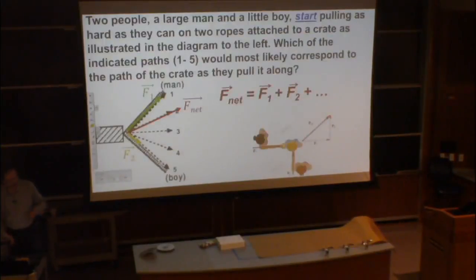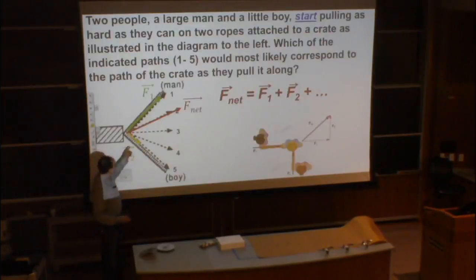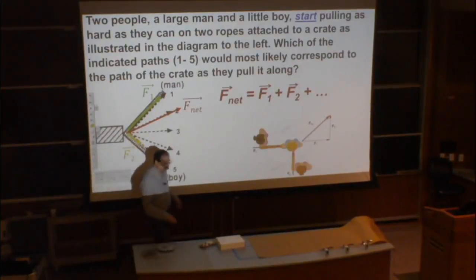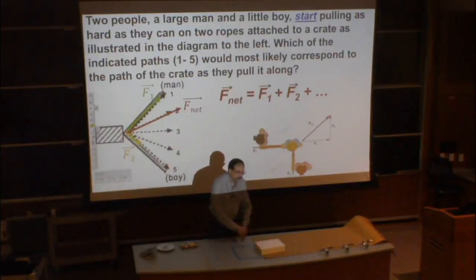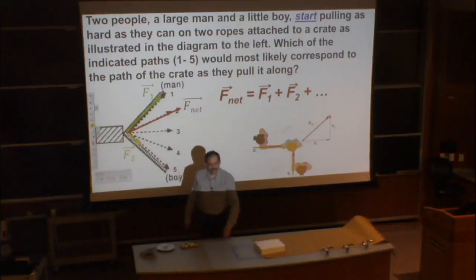In this experiment, you have an object, and you have a very strong person pulling on the rope and a very weak person, a boy, pulling on the rope. They both exert forces, strong, weak. But we know that in reality, if we exert two forces, strong and weak, the resulting force is neither.